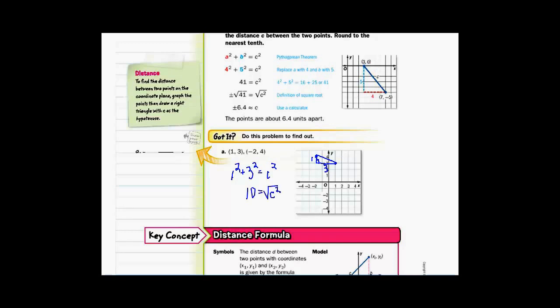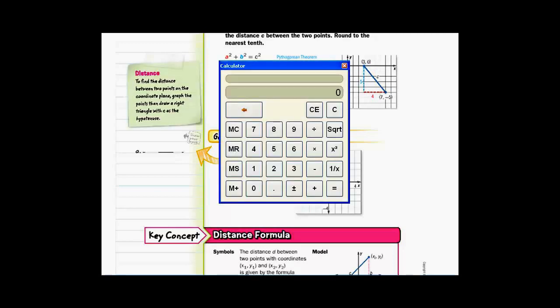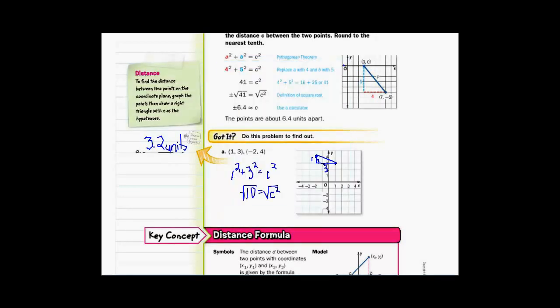And I have to take the square root of both sides, so c is the square root of 10. Now, square root of 10 as a distance doesn't really mean much, so you might need to actually take the square root of 10. 3.16, so to the nearest tenth, 3.2 units.